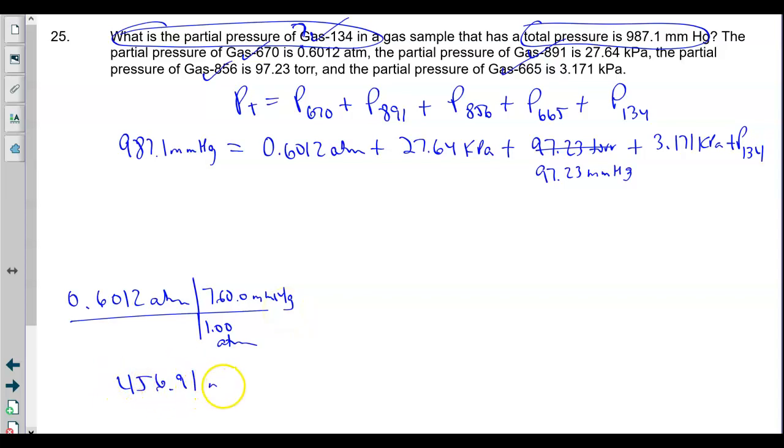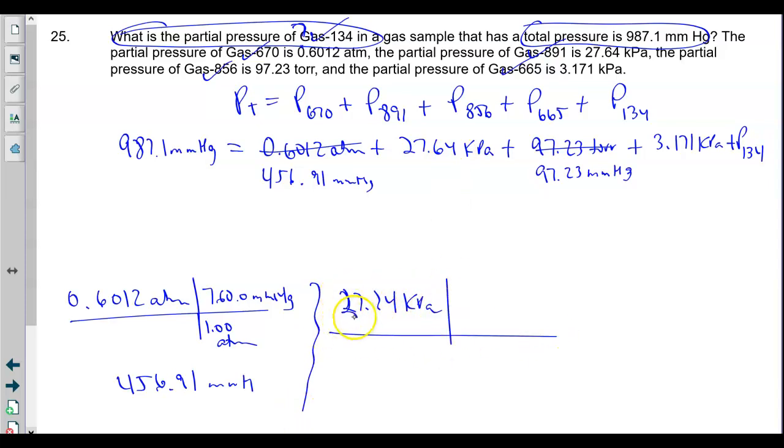That value is 456.91 mmHg. So I'm going to change that out to be 456.91 mmHg. And then I'm going to convert this one, 27.64 kPa. We know there are 101.325 kPa for every 760 millimeters of mercury.